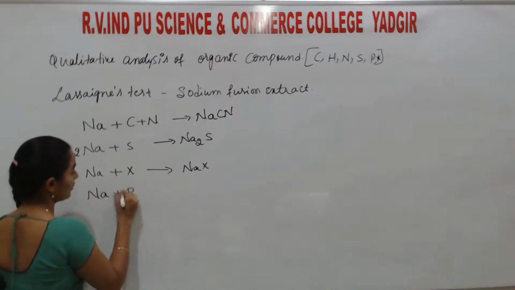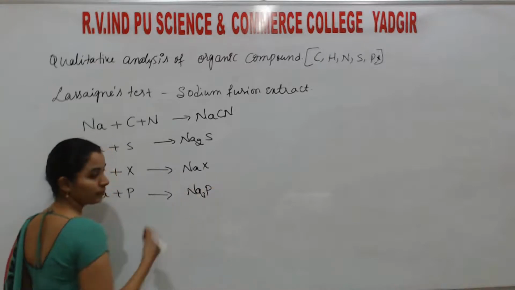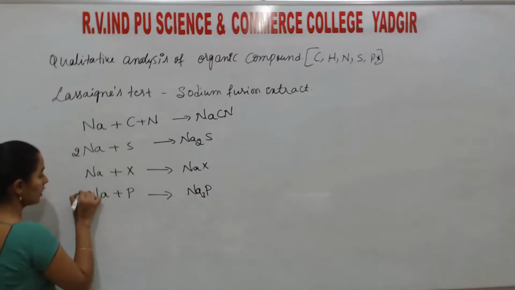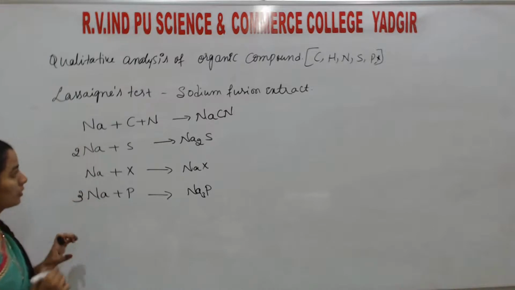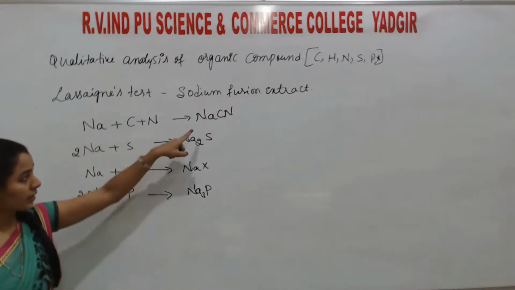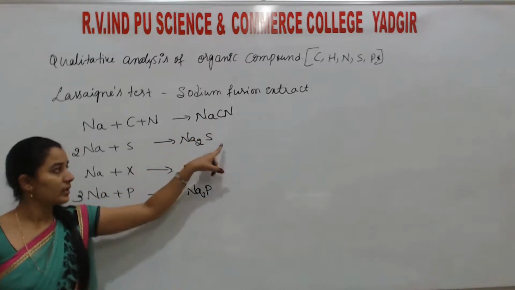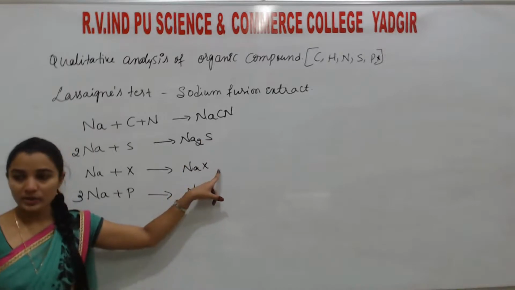If sodium is fused with phosphorus, it forms Na3P. So in the sodium fusion extract, what reactions take place? If you dissociate these, we get Na plus, CN minus, Na plus, S2 minus, Na plus, X minus.